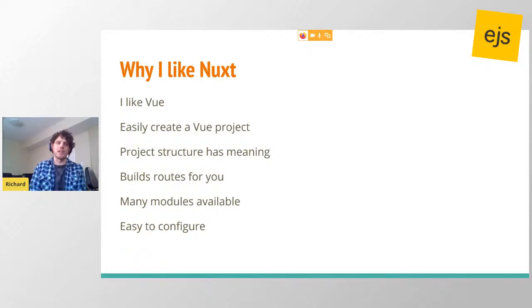The project structure has meaning, something I find really interesting. And these two are sort of tied together, but writing routes is just a pet peeve of mine for whatever reason. So Nuxt will build routes for you, which is super nice. There's a ton of modules available, official and community, and it's easy to configure, which I'll also touch on sort of in the back half of this.